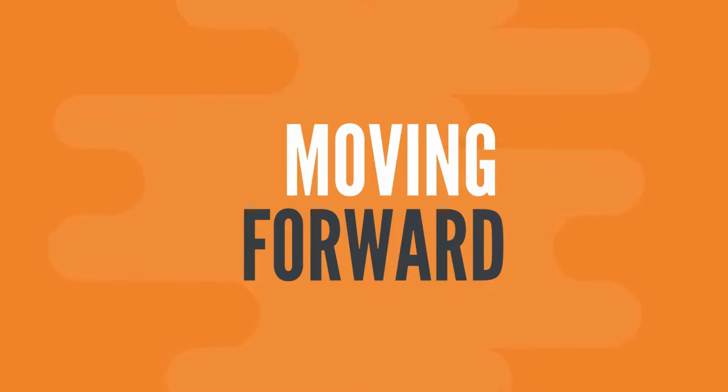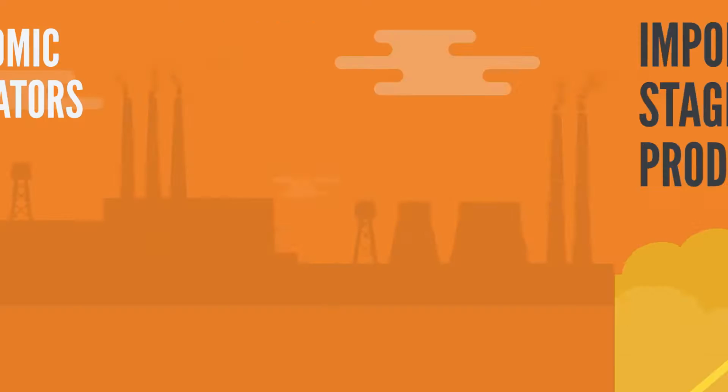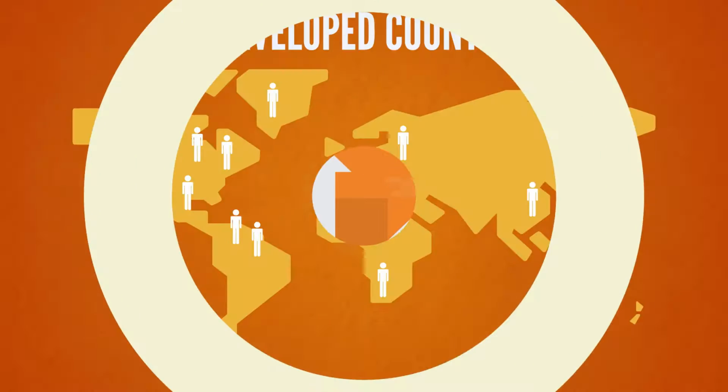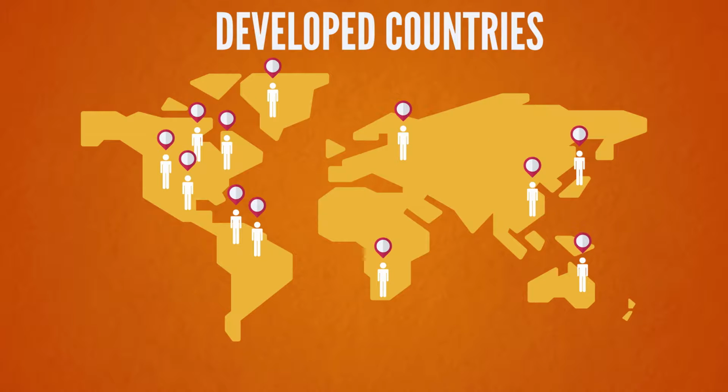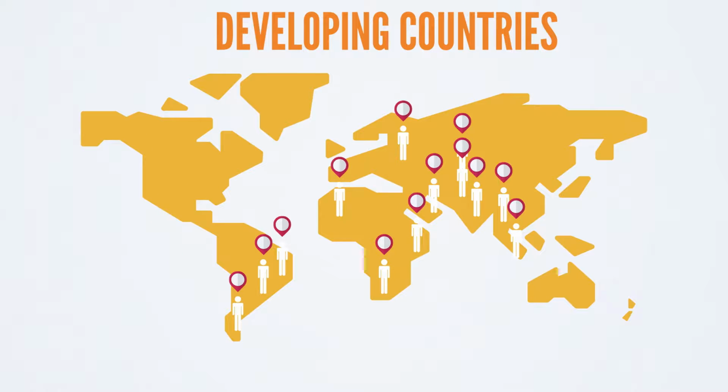Excellent. Now let's move forward and try to understand the importance of these 3 stages of production vis-a-vis the economies of countries. You must have heard the terms developed countries, and there are countries which are known as developing countries, which are still developing.